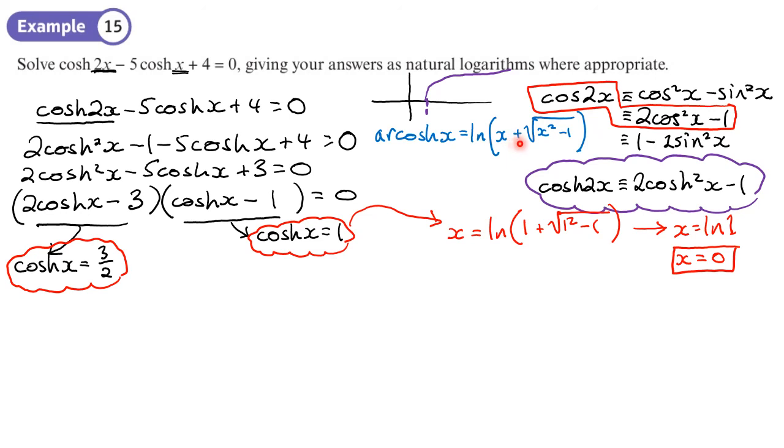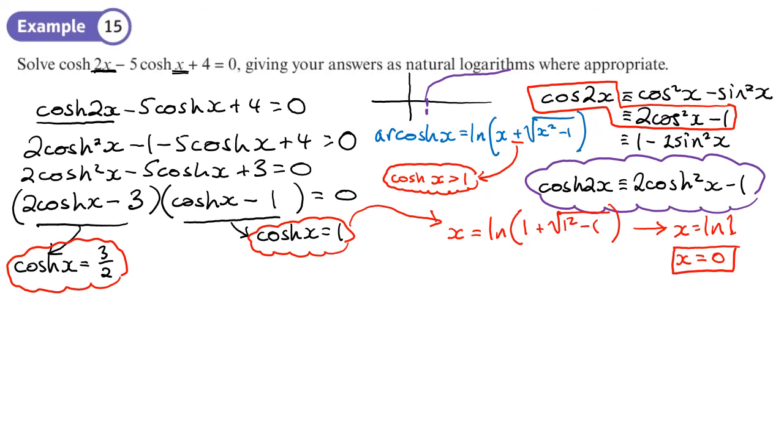That's only an issue if the value of x is less than 1. But if the value is greater than 1, we can include that negative sign. So this negative sign can go in when cosh x is greater than 1. Just remember that there are occasions where we have the plus and the minus.